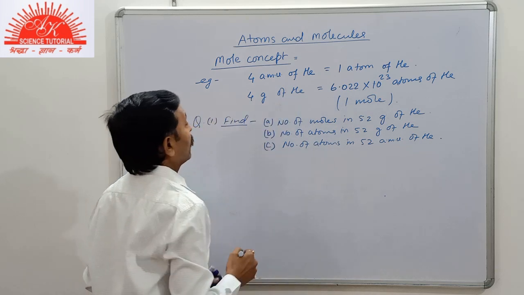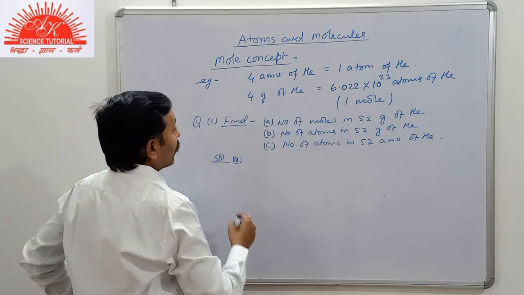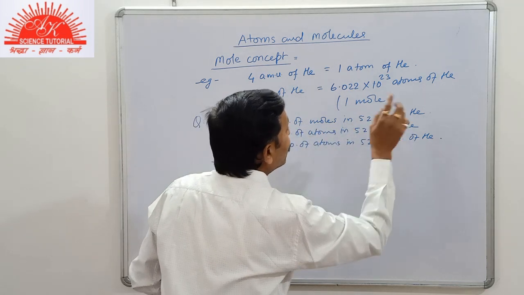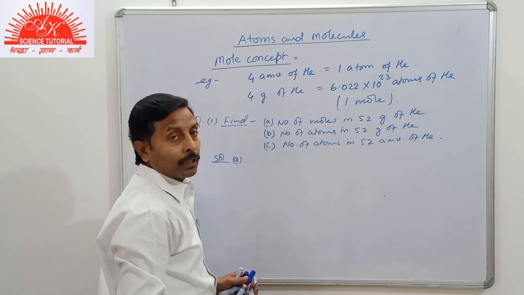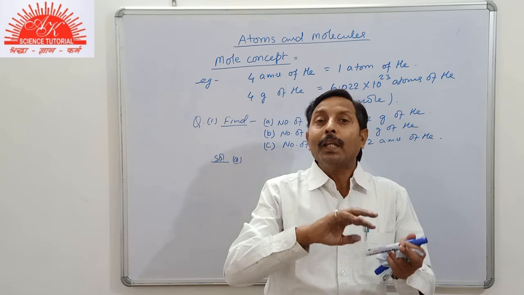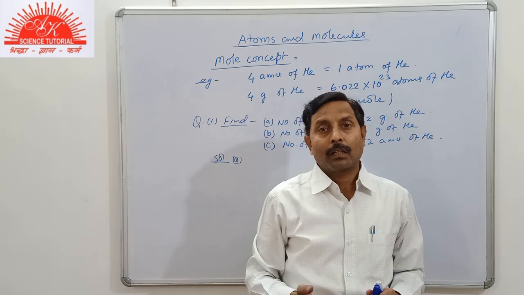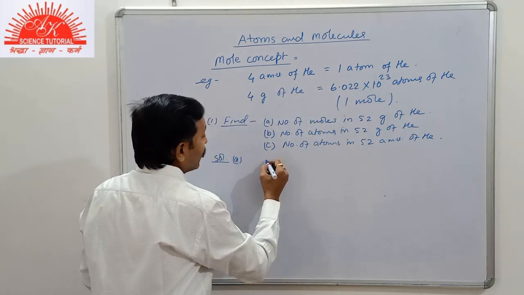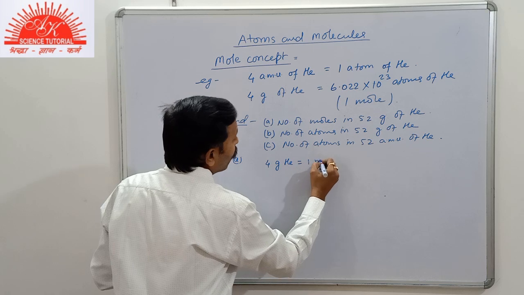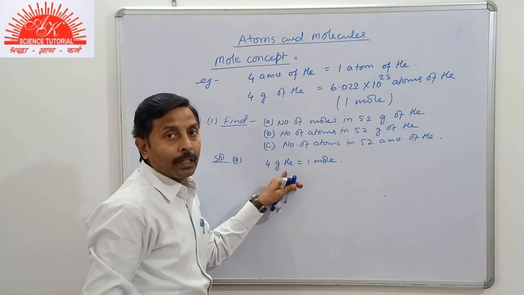Now, first of all, come to this part. The number of moles in 52 gram of helium. Now, this is given in gram. So, we will compare it with gram atomic mass. Now, we know that 4 gram helium equals 1 mole. Gram atomic mass of helium is 4.